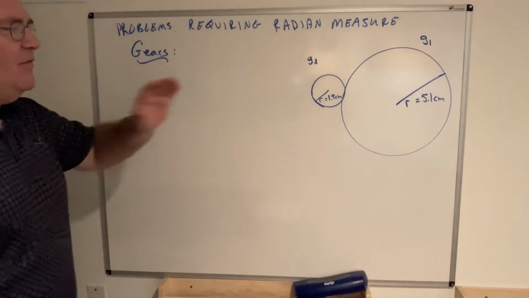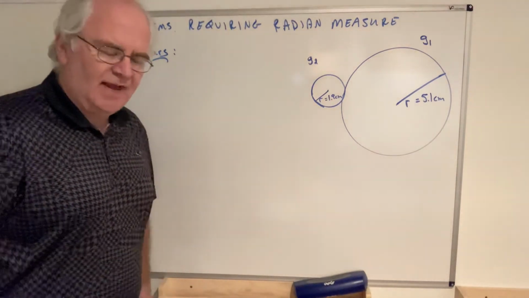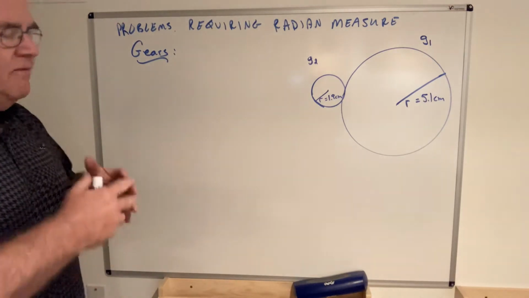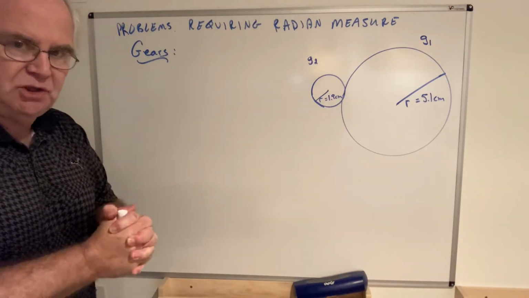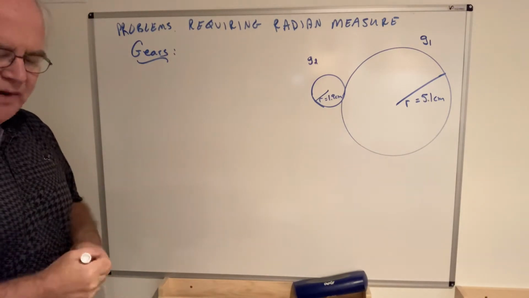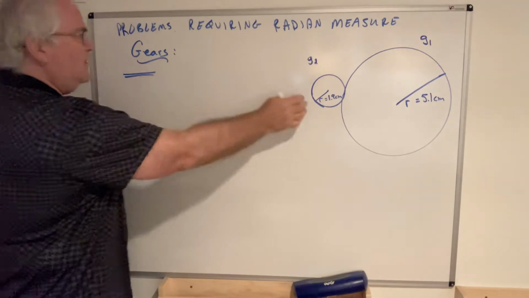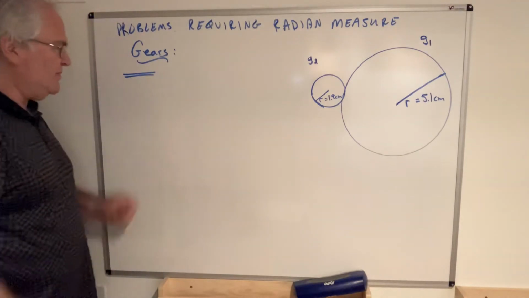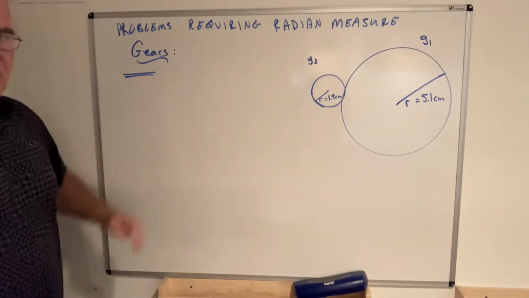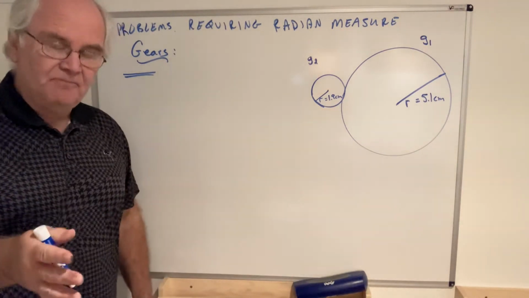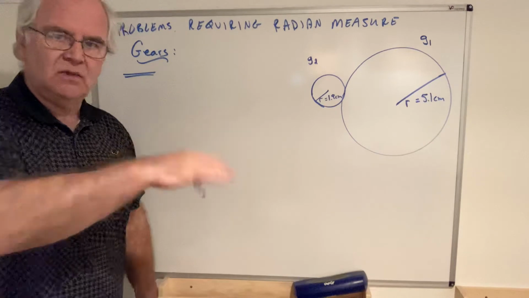Now, before I run through this, I want to do another run through converting from revolutions to radians, because I gave it in the previous video. Let's make sure we have that down. So I'm going to do a couple little examples here. Before we go to the gearing systems, I'm going to interrupt this and just do a quick little brush through converting from revolutions to radians, and then convert from radians to revolutions.